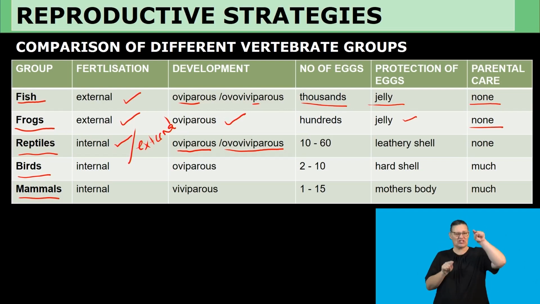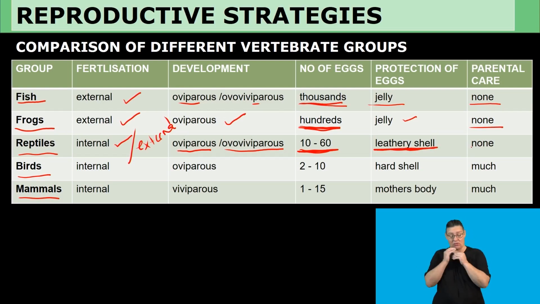Just like fish, we've got two possibilities. And let's check the number of eggs. 10 to 60. Can you see this decrease in the numbers? Firstly, we spoke about thousands in fish. Then we came to hundreds in frogs. Now we are talking about 10 to 60. And these ones for the reptiles, now they've got a shell. They are protected by a leathery shell. There is, again, no parental care.